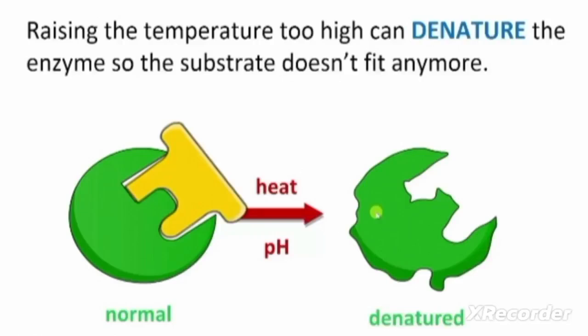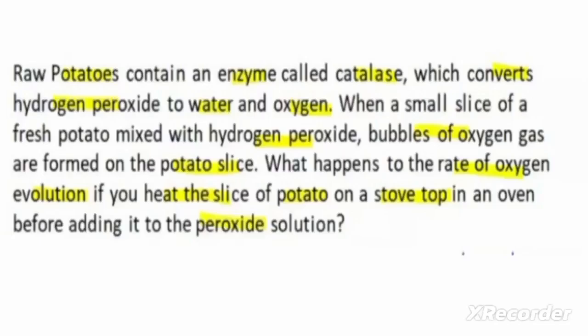We need to understand that the potato discs contain an enzyme called catalase. So the reason why the potato discs are boiled in experiment 2 is to kill the enzyme found in the potato disc, the enzyme called catalase.